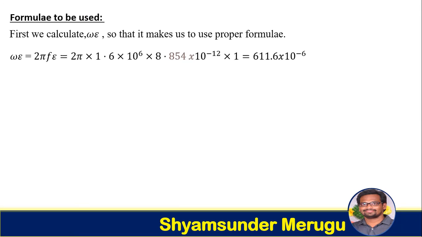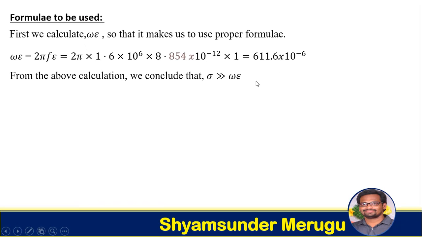So omega epsilon is written as 2 pi f epsilon, and here epsilon can also be written as epsilon naught epsilon r, so that 2 pi into 1.6 into 10 power 6 into 8.854 into 10 power minus 12 into 1, which gives us 611.6 into 10 power minus 6. By looking at this value, we conclude that sigma is very much greater than omega epsilon, as the sigma value is already provided to us, so that the given material is a conductor.